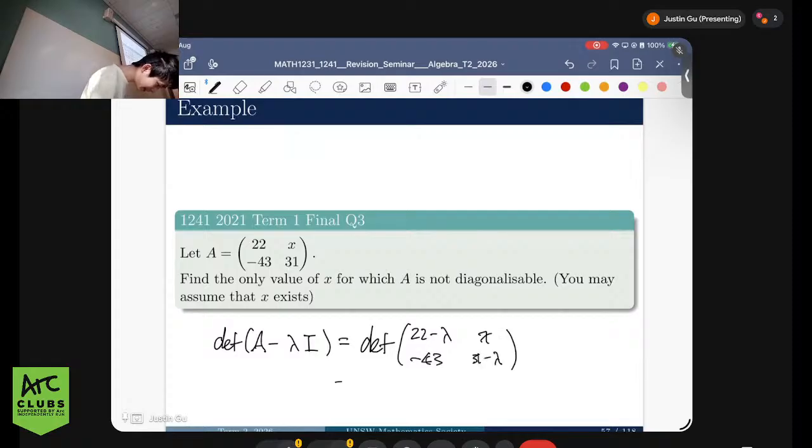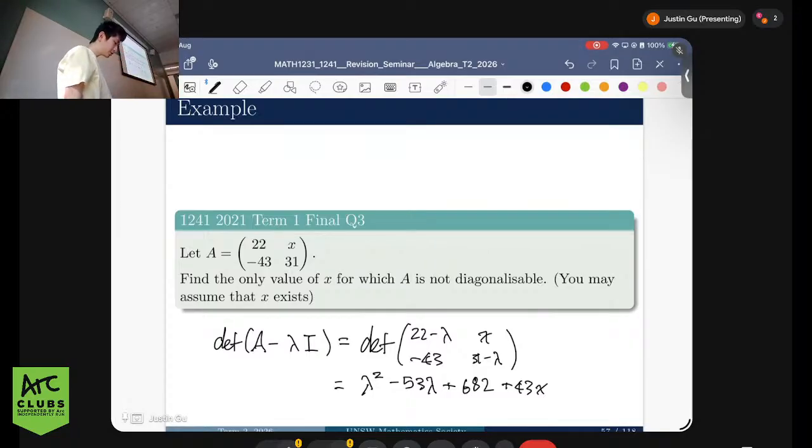If you expand it out, it is lambda squared minus 53 lambda plus 682, and then minus negative 43x, which is plus 43x.